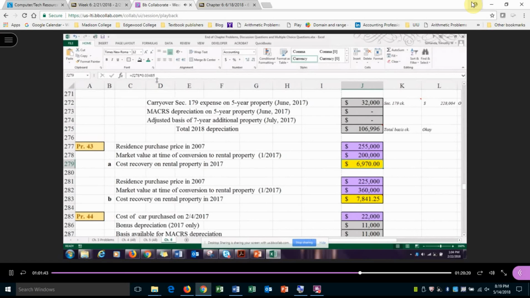First of all, I need to know what kind of property this is so I get the correct table. Well, this is a rental property, and it happens to be a residence. So this is residential real estate. Because it's residential real estate, I'm going to go to the table on page 6-47 to find the depreciation factor.